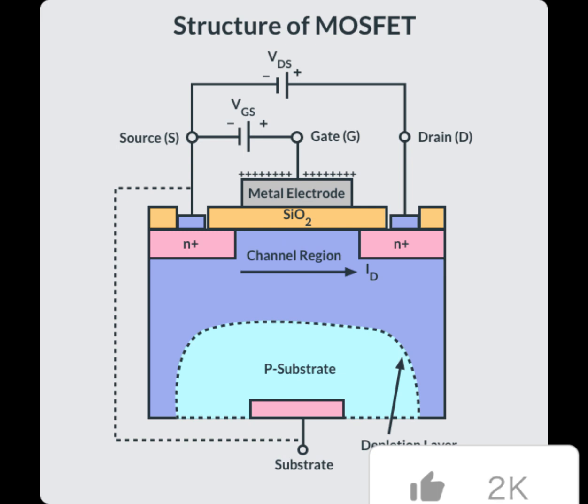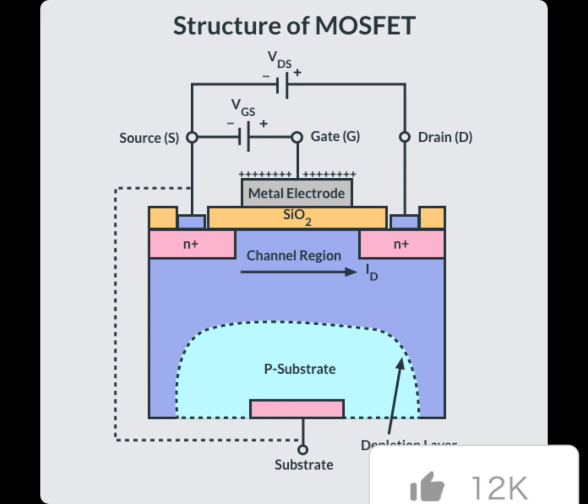It works by varying the width of a channel along with the charge carrier flow, electrons or holes. The charge carriers enter the channel at the source and exit via the drain.